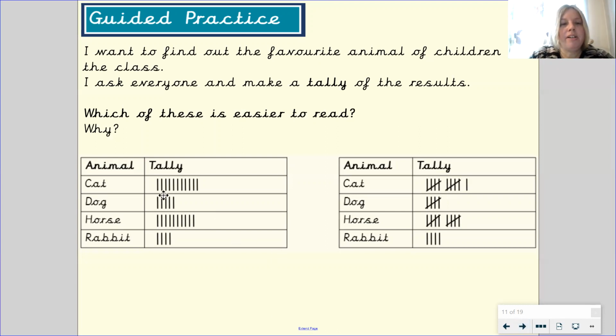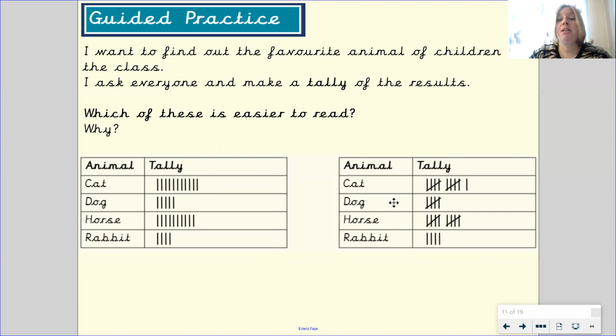If I count this one, I've got to count 1, 2, 3, 4, 5, 6, 7, 8, 9, 10, 11. And I might lose track of where I am with my counting. But if I was to draw a tally chart, I can count in fives to help me because we're grouping together in fives.